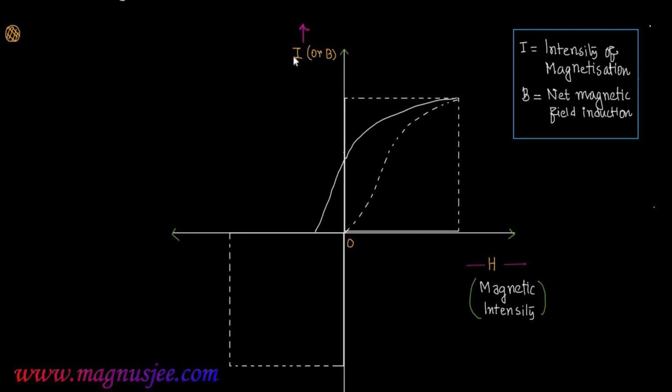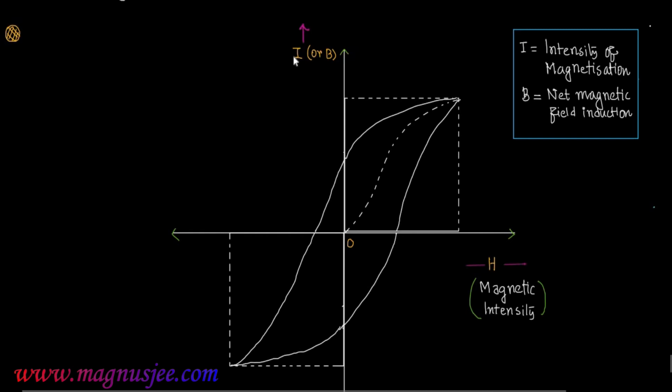Now I will decrease along this curve path if magnetic intensity H is decreased, and finally the intensity of magnetization reaches a saturation value in the opposite direction. Now we can complete the loop, or hysteresis loop. This complete graph is called the hysteresis loop, in which the intensity of magnetization or net magnetic flux density acting in the ferromagnetic substance will lag behind the magnetic intensity.